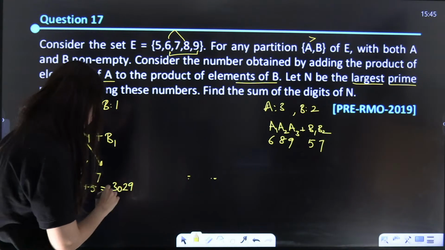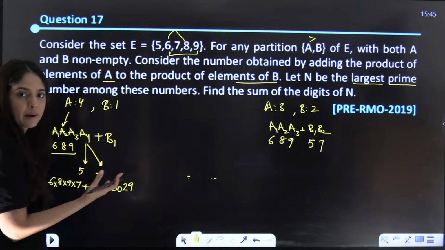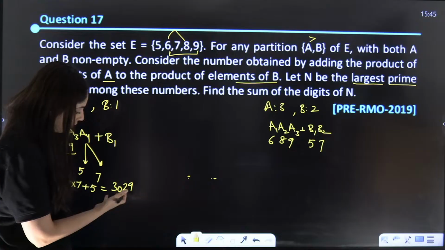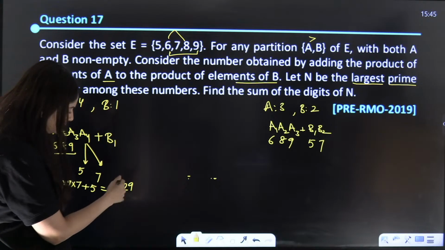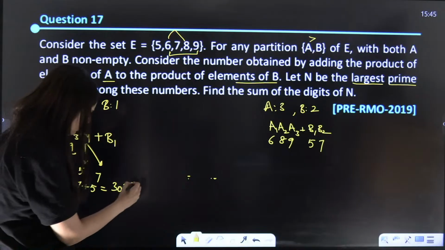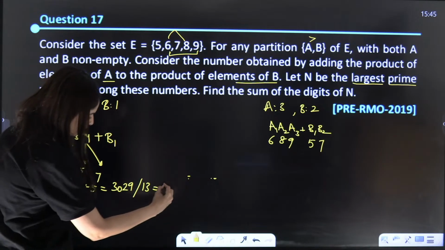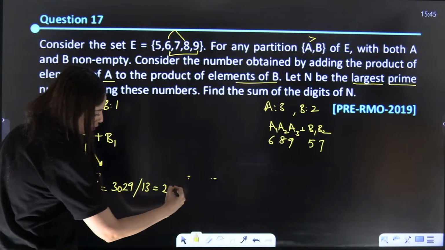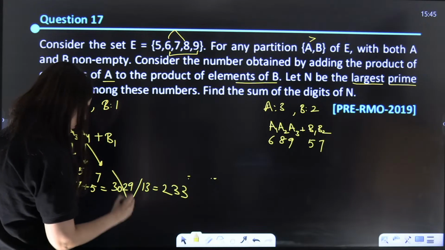You start checking, it's not divisible by 2, it's not divisible by 3, it's not divisible by 5, it's not divisible by 7, but 11, no, not even 11, 13, if we divide it by 13, what do we get? 13 times 2 is 26, 42, that is 3, 39, 3. So this is not a prime number.